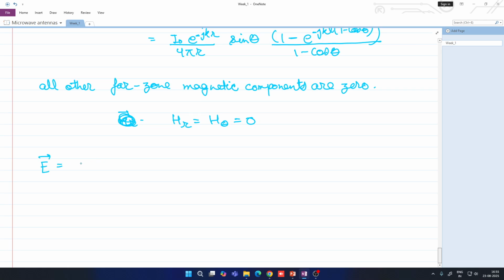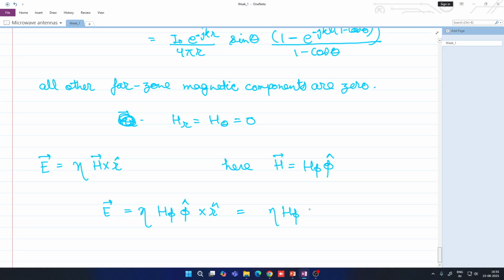Now similarly we can find the E field. E field is given by E equals eta H cross r cap, and here we know that the H vector only has the phi component, so the electric field is given by eta H phi into phi cap cross r cap, which gives eta H phi in the theta direction, theta cap, a unit vector along theta direction.